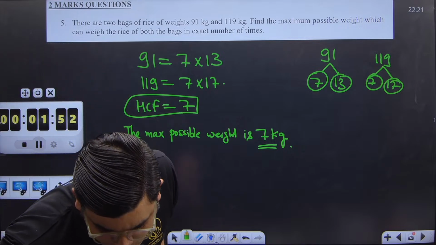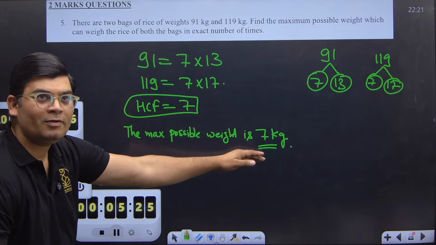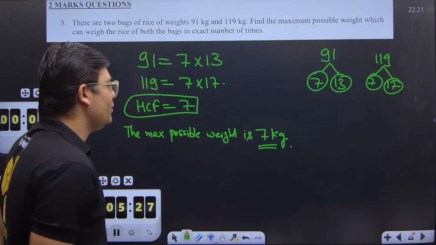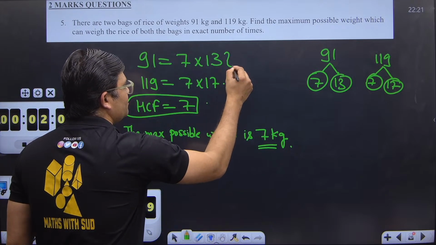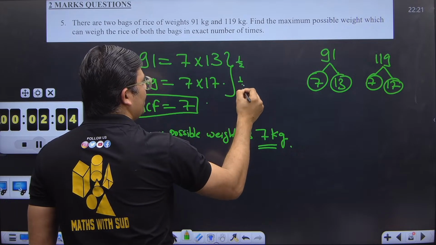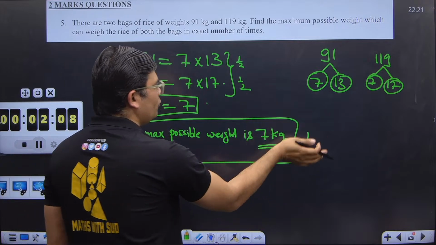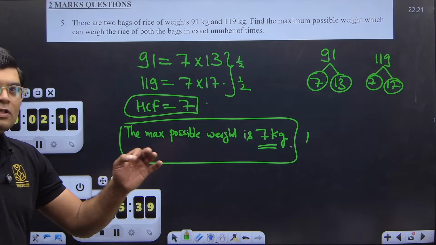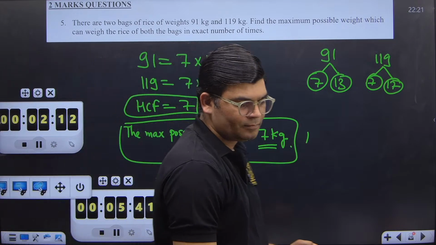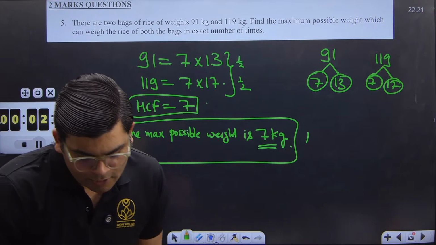The second mark will be given when you write this. First mark is finding this HCF. You will get half mark here, half mark here, and then when you write this statement, you will get one more mark. So it is of 2 marks. You must know the marking scheme of CBSE as well. There are clear guidelines.